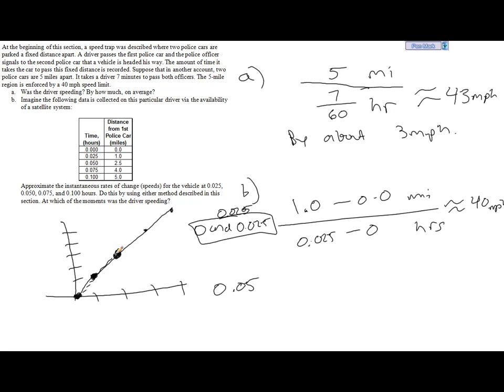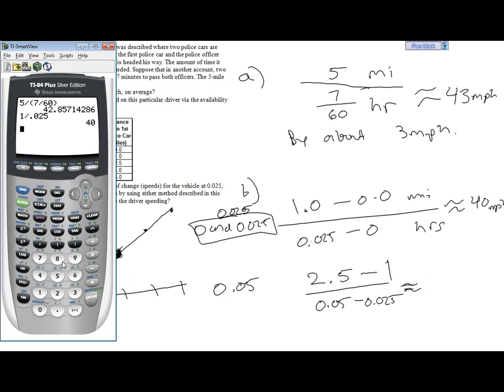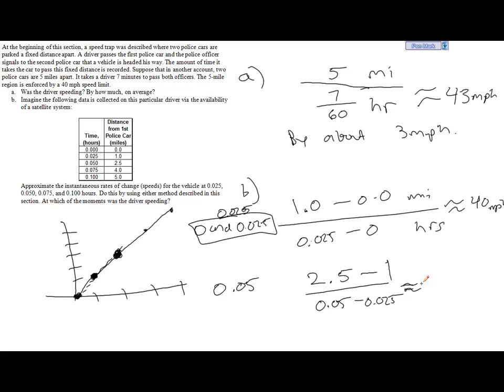And what will that give us? Well, this point right here corresponds to 2.5, a distance, minus the nearby point, which is 1 mile, so that's this point right here, divided by the difference in time, which is 0.05 minus 0.025, and that will come out to approximately, well, let's just do this all in one punch, 2.5 minus 1 divided by 0.05 minus 0.025, which gives us 60, a speed that's much faster, 60 miles per hour between those 2 points.